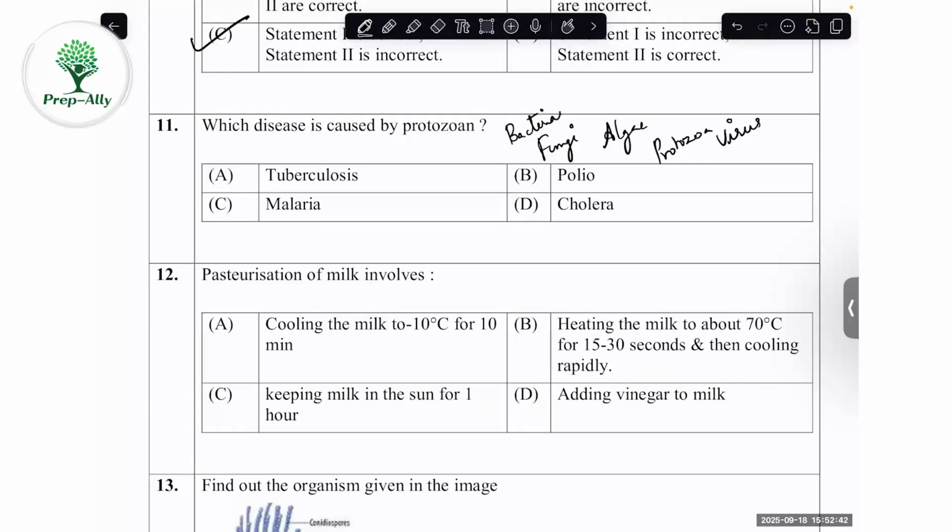If we take tuberculosis, it is caused by bacteria, Mycobacterium tuberculosis. Polio is caused by a virus. Malaria is caused by protozoa.